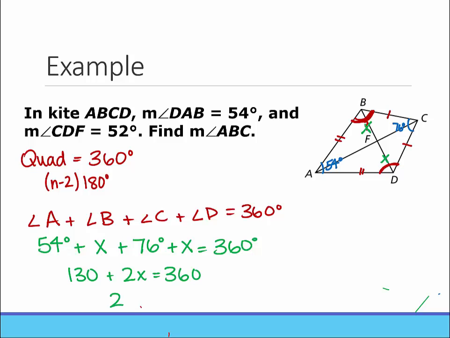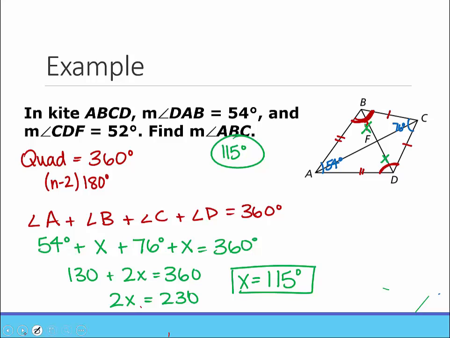If I subtract 130, you end up with 230. And if you divide by 2, you end up with 115. So that means that each of those angles has to be 115 degrees, and the measure of angle ABC is 115.